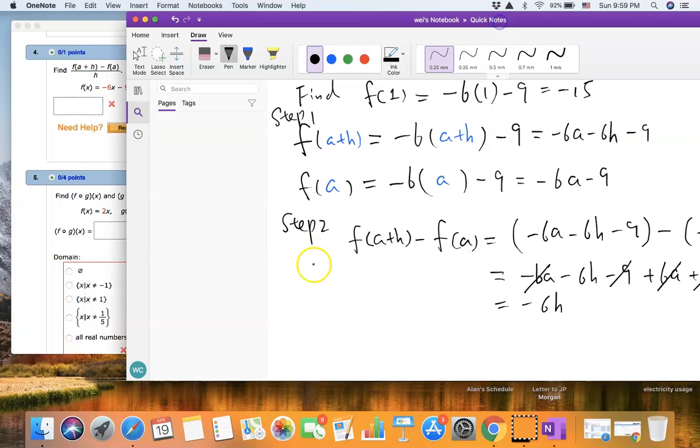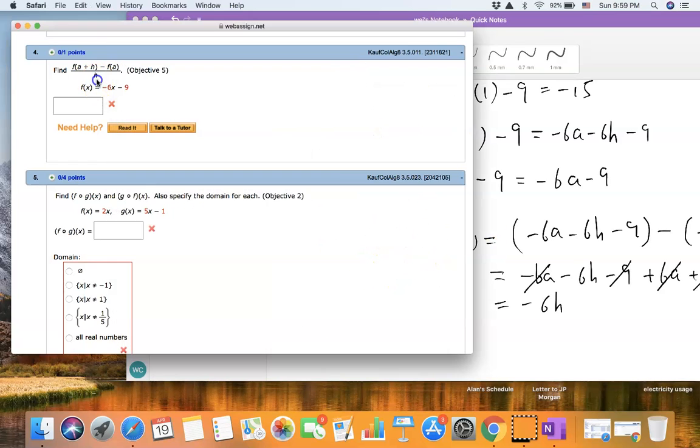Now the last step, we divide this expression by h.